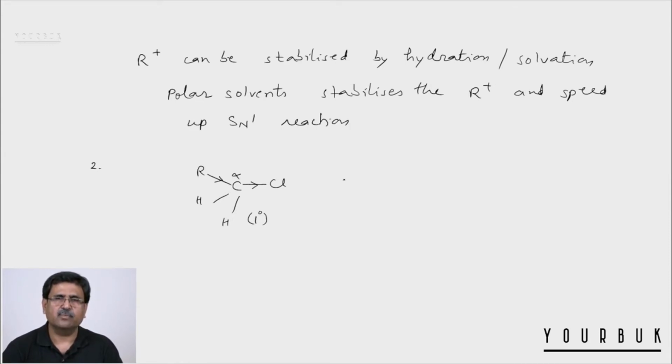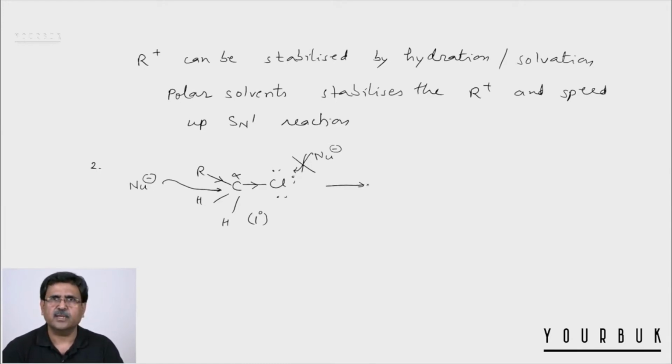So what we do, we take help from the incoming nucleophile. And this nucleophile can attack at the alpha carbon only from the back side. The front side attack is not possible because of the repulsion by the lone pair of this chlorine atom. The nucleophile has to attack from the back side. And for this nucleophile to attack from the back side, the alpha carbon should be less crowded, more exposed. So that's why the 1 degree alkyl halides prefer this type of mechanism, which is called SN2.